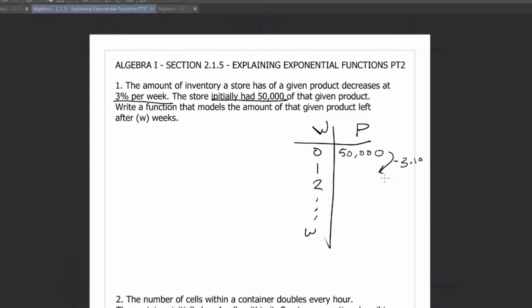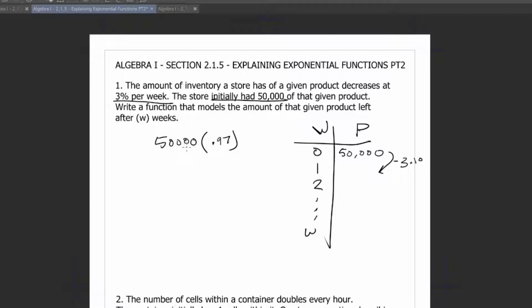Let me write out what I'm putting in the calculator. 50,000 minus 3%, or rather, we want 97% of 50,000. So that'd be 0.97, right?